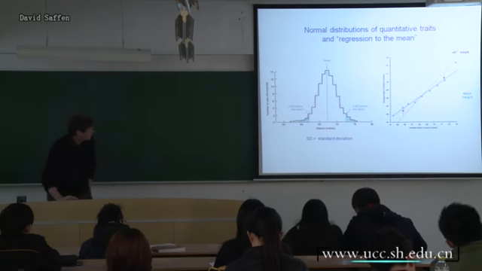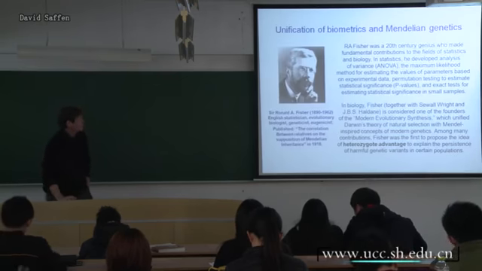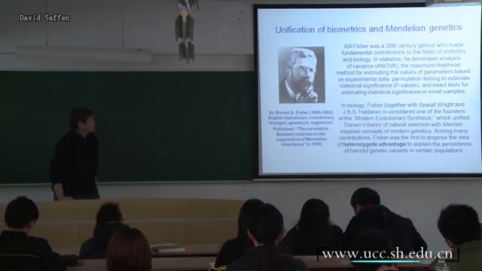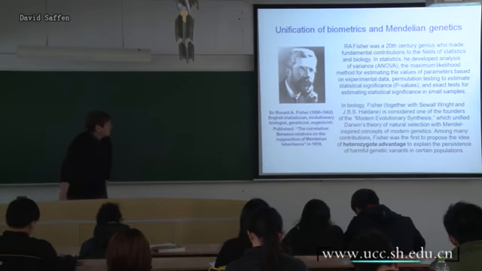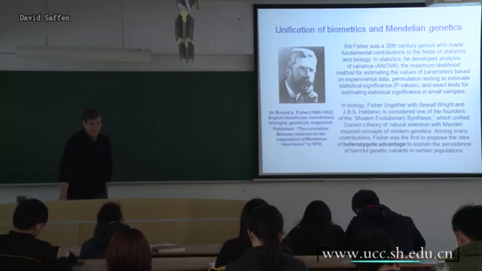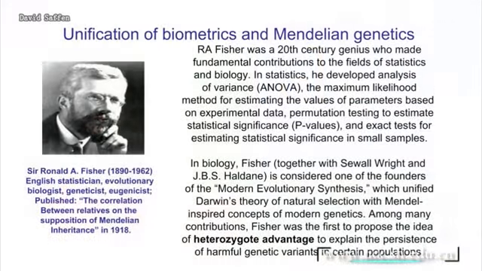Okay. Now, the second really important person that is good to know about is Ronald Fisher, who was active during the first half of the 20th century. And this guy was an incredible genius.